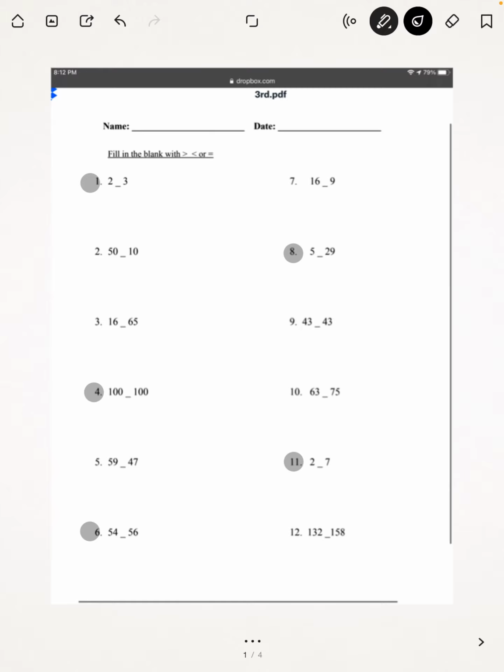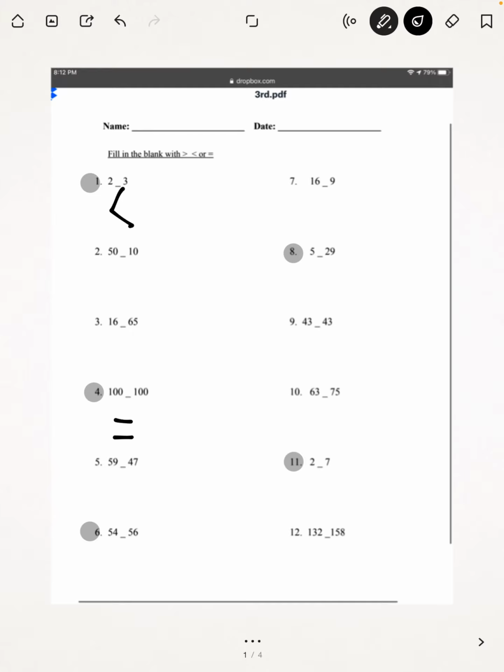Okay, so 2 and 3. 2 is 2 away from 0, 3 is 3 away from 0, therefore 3 is a larger number. 100 and 100, they're both equal, they're the exact same numbers, so this one would be equal to.